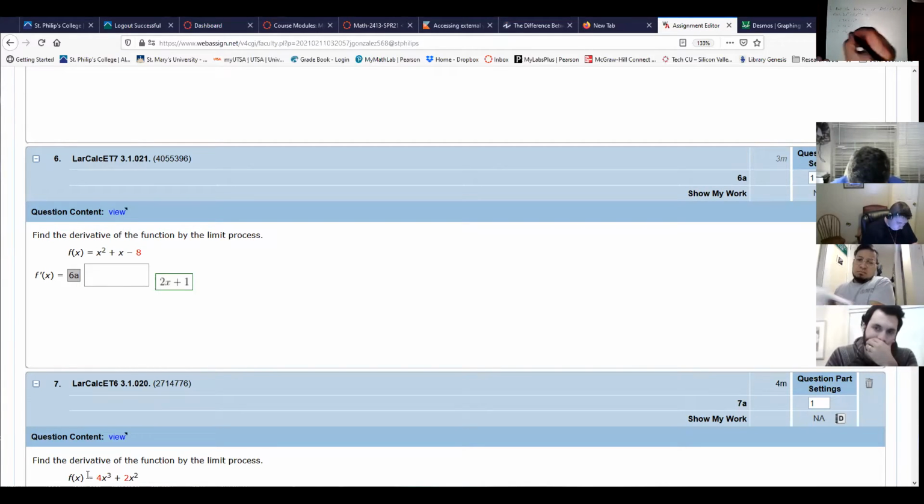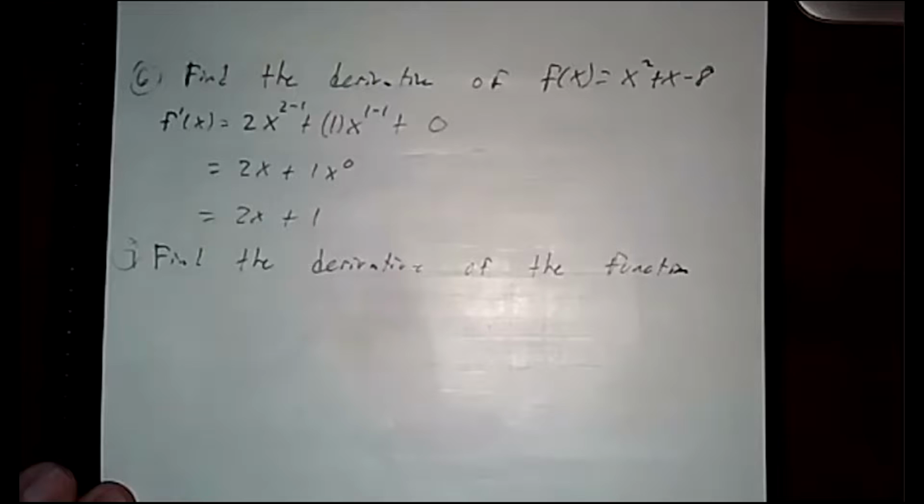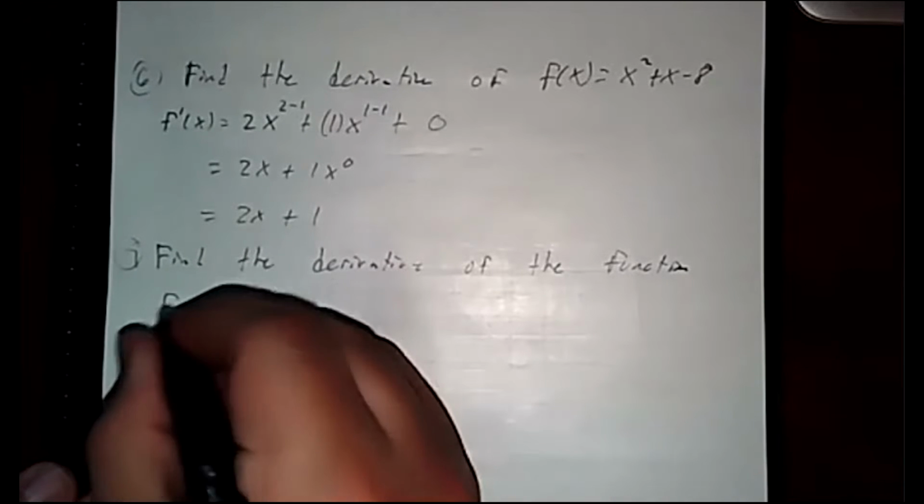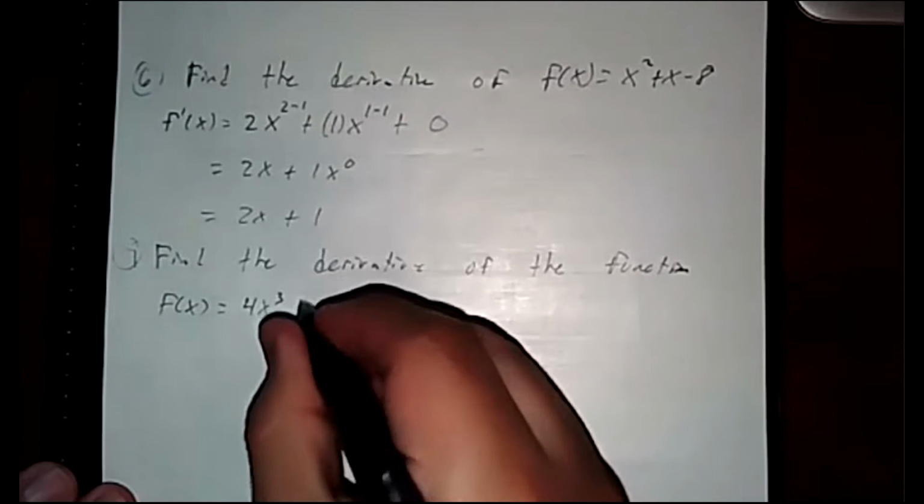Find the derivative. When I say easy, I mean compared to the limit way. I don't like to say things are easy. Find the derivative of the function. So they say use the limit process, right? So we will not do that. But I did it once for you, so you know what it looks like.